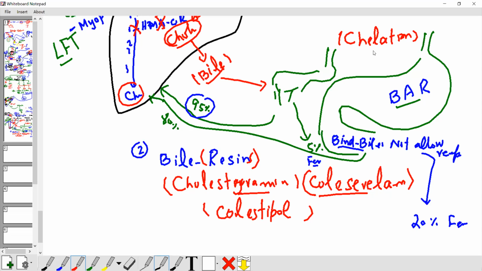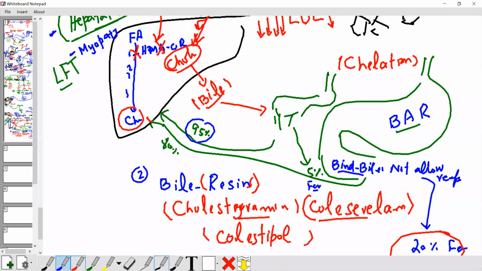Understand? If you're using this drug, bile acid resin, what happens with bile acids? Bile acid loss in feces, more loss. Now in feces it is 20%. How much goes back? 80%. Now let me know: you must produce 100%.